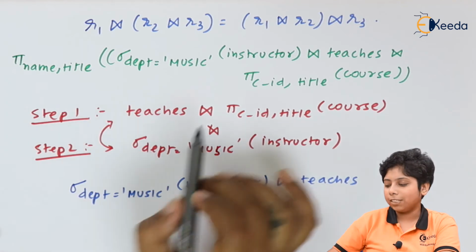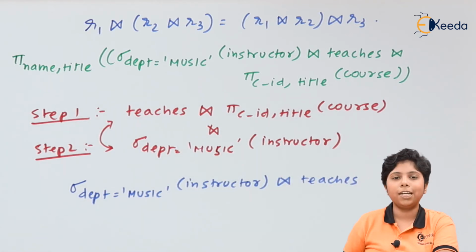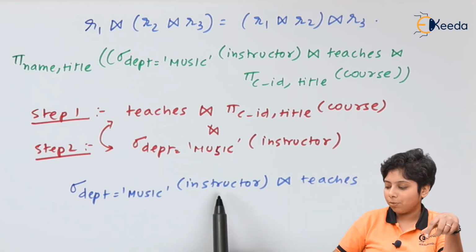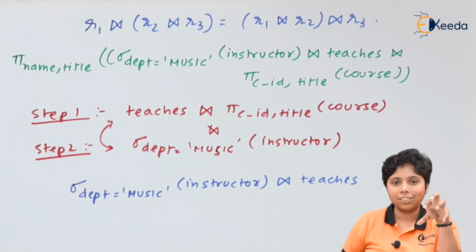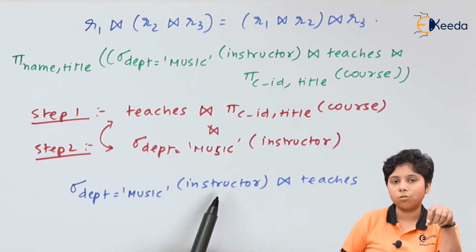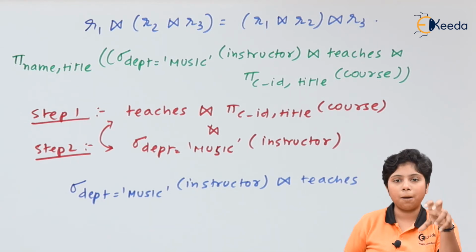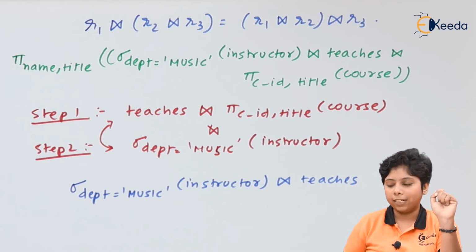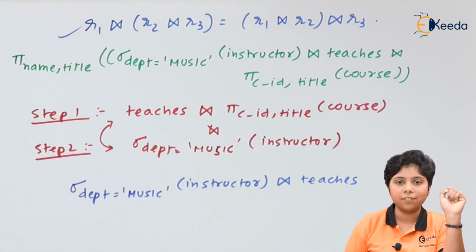Now if we join this teaches with the course, then it will generate a tuple for each course taught. Now if we join the teaches with this instructor, then it will first select music from the instructor and then generate the tuples for the instructors only from the department music and their corresponding courses. So not only the ordering, the commutative nature, it behaves like this.